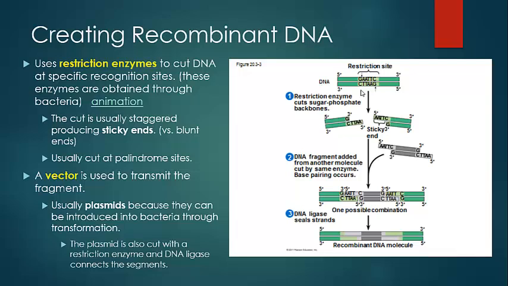It can create what's called a blunt end, which means that it cuts it straight through, or it could create sticky ends. Sticky ends are what we see right here, and they are staggered. In genetic engineering, we want to create sticky ends because the sticky ends can be recombined with other DNA.